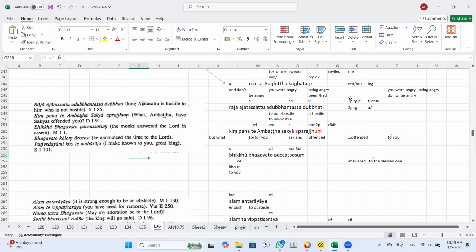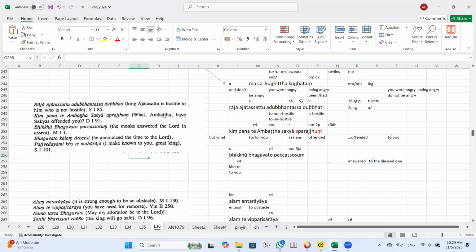What it means, if somebody is compassionate, somebody is kind, then you are not supposed to be hostile, nasty to them. So here that means King Ajata Satu. Can you see the word here is hostile? Here this is a subject. This is a verb.